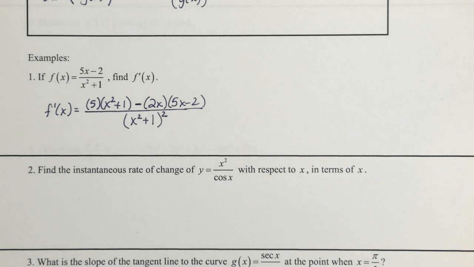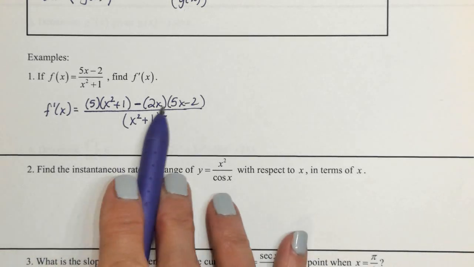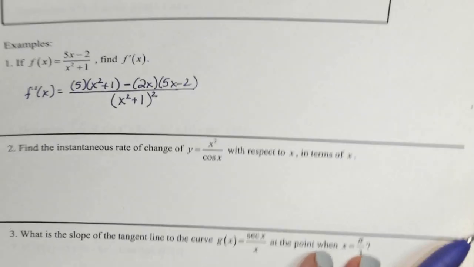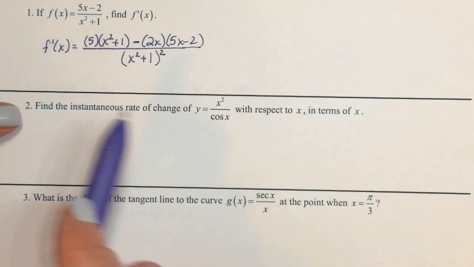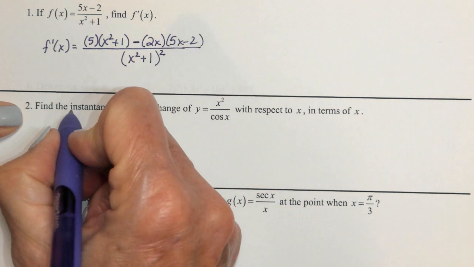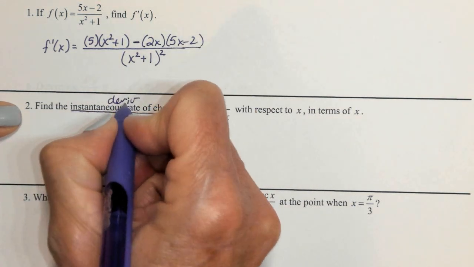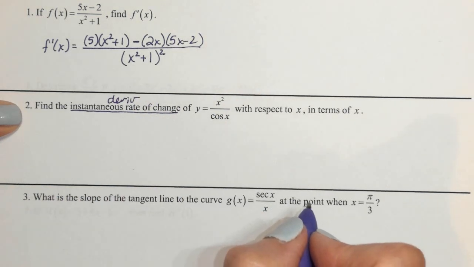If I needed to for a multiple choice answer, I might have to distribute and combine like terms. Number 2, find the instantaneous rate of change, IROC. That is derivative, instantaneous rate of change.